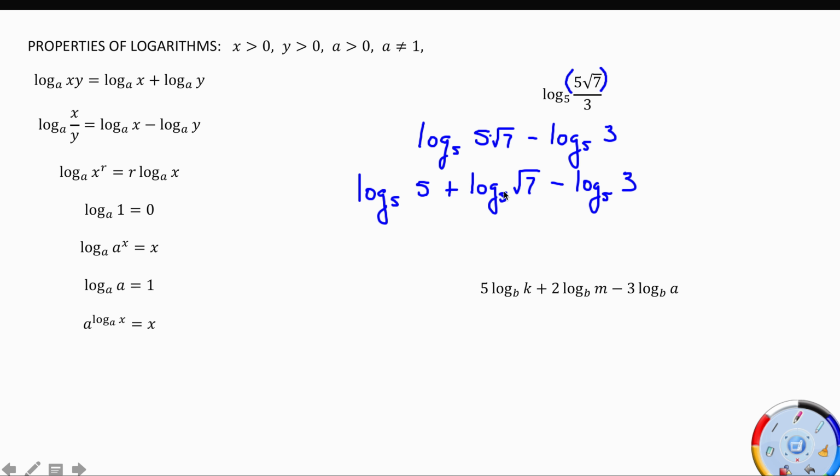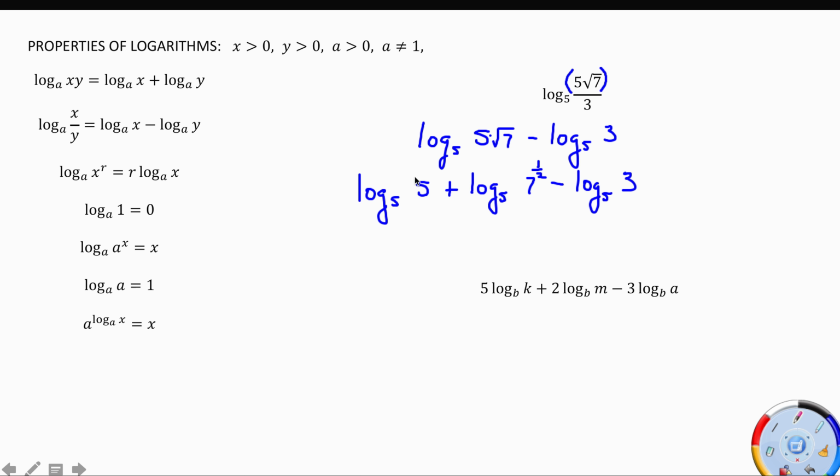Okay, so now I've got it separated. However, don't forget, a logarithm is an exponent. So is a radical. So if I have any radicals mixed in with my logarithms, I want to see everything written as an exponent. So I'm going to change this square root to its exponential form of 1/2.